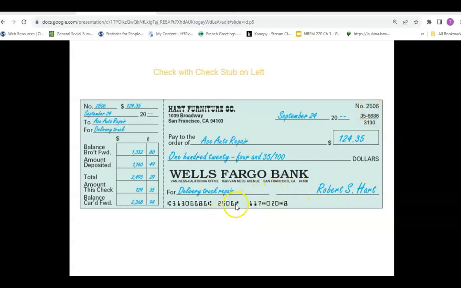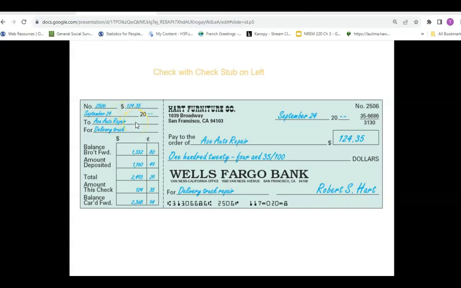Okay, so this check stub on the left side here, this is usually saved by the company who's writing the checks. In this case, Hart Furniture wrote this check, and they keep a copy of this stub, which is just a mini record of the check that was sent out. So it has a check number, in this case 2506, in the amount of $124.35 on September 24th.